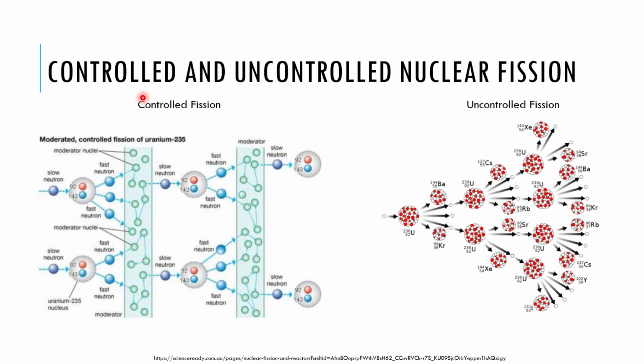There are lots of different ways in which this happens, and we'll investigate this a little bit further in class. Essentially, what needs to be included is something called a moderator. This moderator is some sort of matter that the neutrons must pass through. Some of them will be able to pass through, and this is necessary for the reaction to continue after one simple trigger.